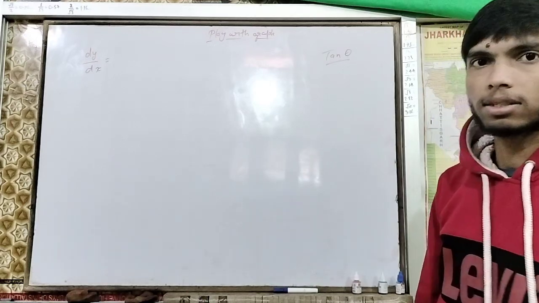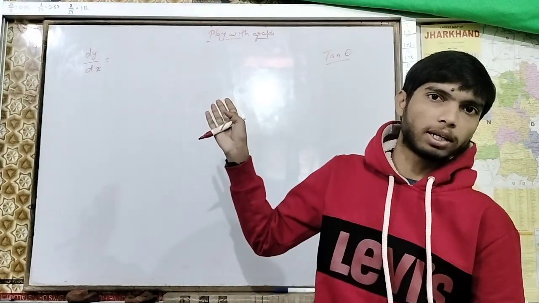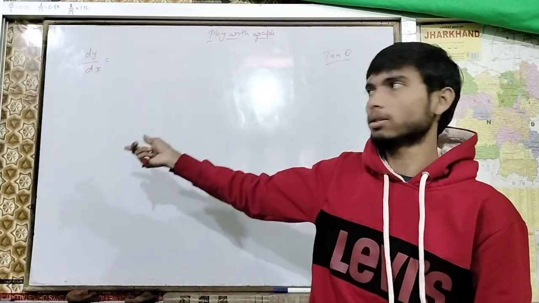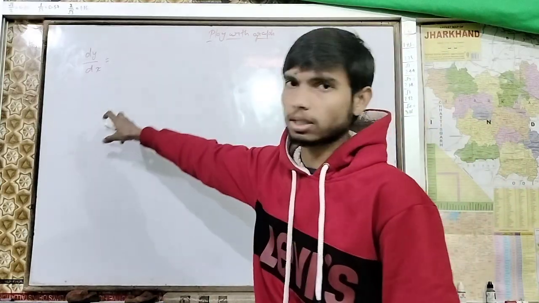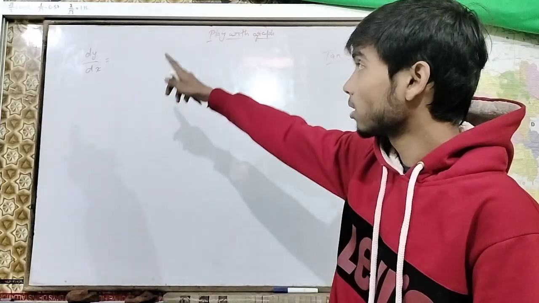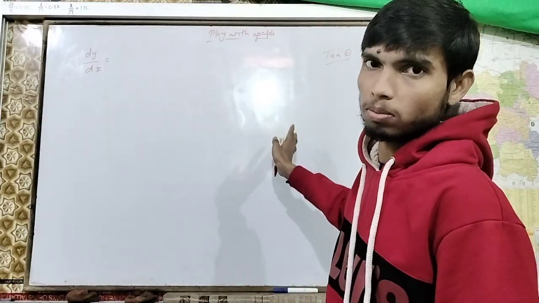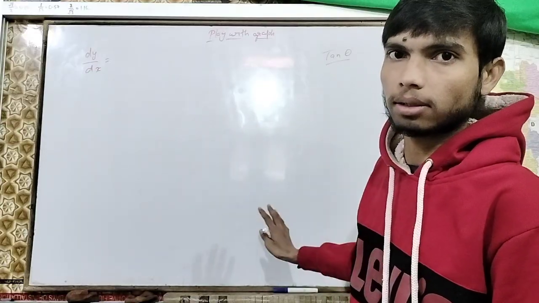So tan theta is just a slope, and slope is dy upon dx. This is in the language of differentiation, because we are doing differentiation. My focus is, I am saying dy upon dx is equal to slope. Again, it is equal to tan theta. That's it.